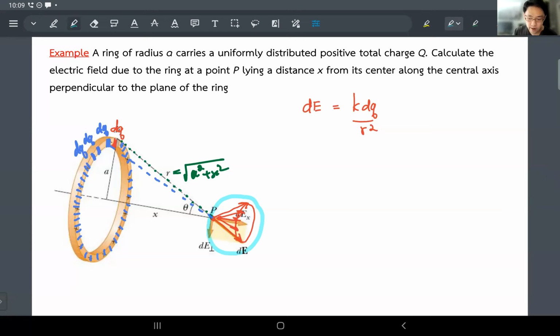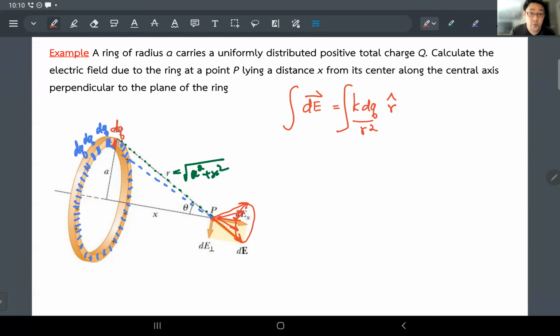Now this is the vector summation. If I really want to put this whole thing in an equation containing the vector quantity, I have to say something like this: a dE vector, pointing along r-hat, like what you did before. But then you have to do the integration here.